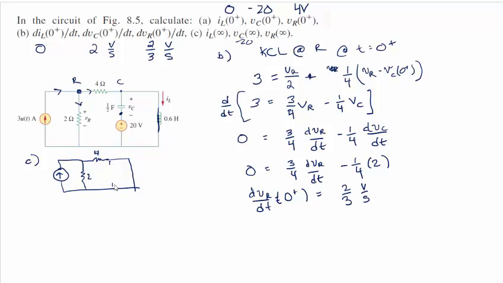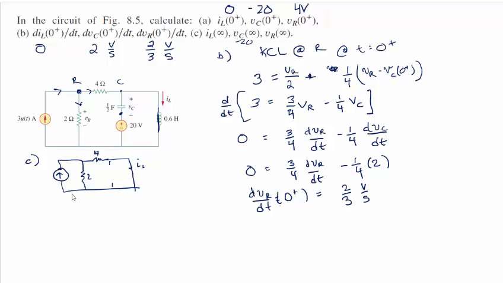I in the inductor, right here, IL, we don't know yet, it's a short circuit, but we can analyze that. And V in the resistor, we can analyze just by doing an ordinary analysis of the circuit.